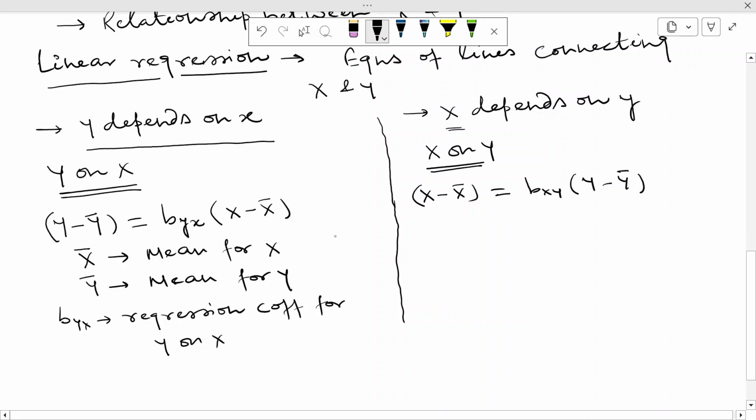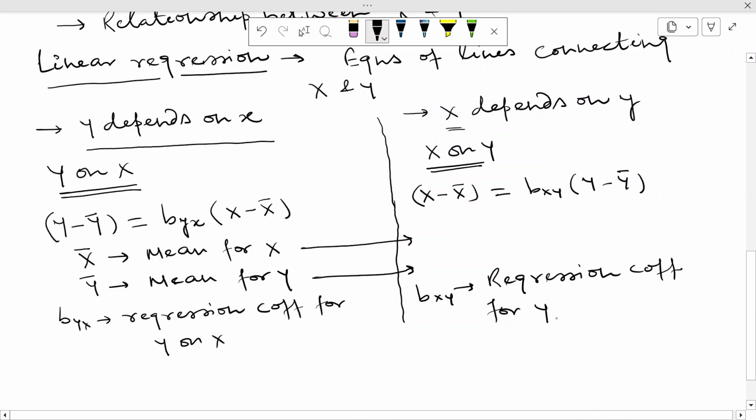Here x bar and y bar have the same meaning, and bxy is the regression coefficient for x on y.